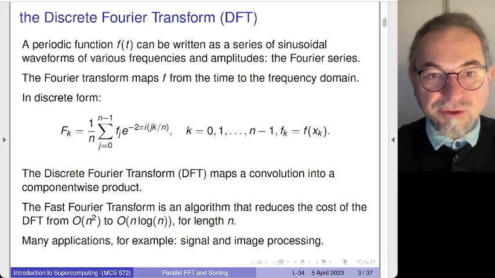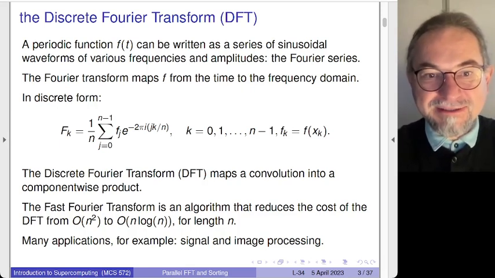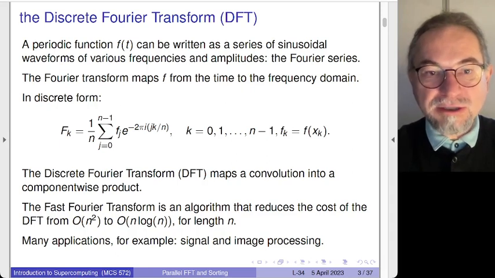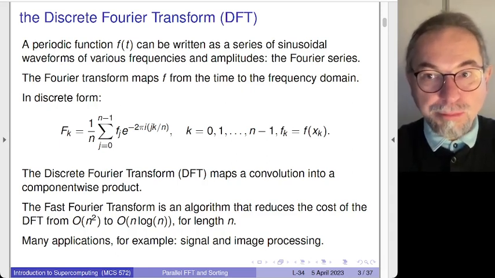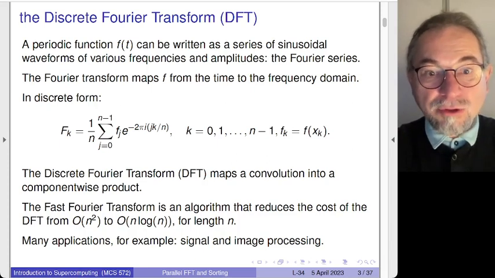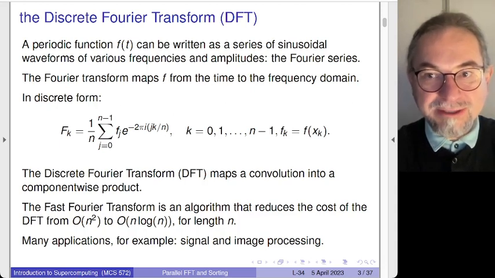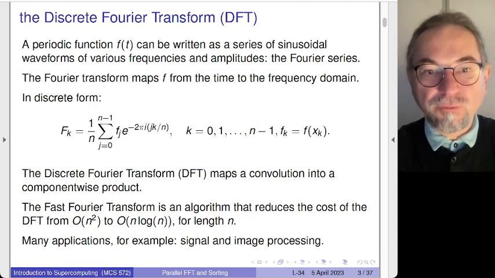However, if you do it according to the formula, then it will cost you n square operations. Which means that if you double the size of the input, the time you will have to wait for the output will be quadrupled. With n log n, this is significantly less. So think about 2 to the power 10, 1024.